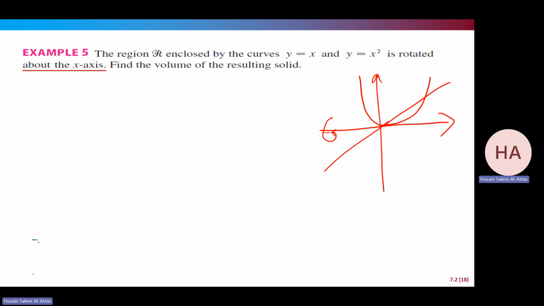Okay, let me draw the line. This is my area. So the line, I want it to be perpendicular to the axis of revolution. So I have this line. So capital R of x will be the upper, which is x, and small r of x, which is x squared.